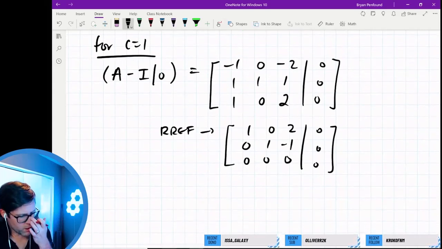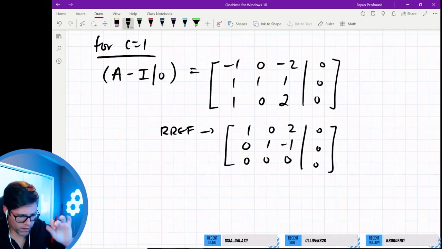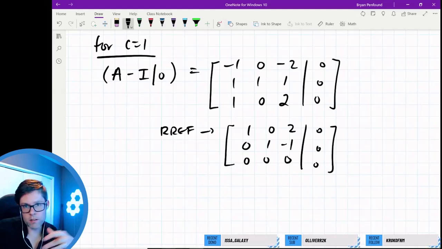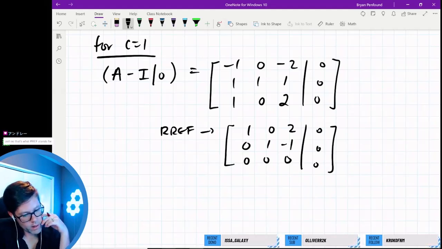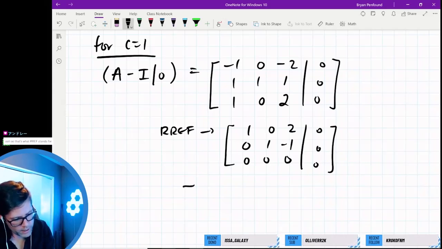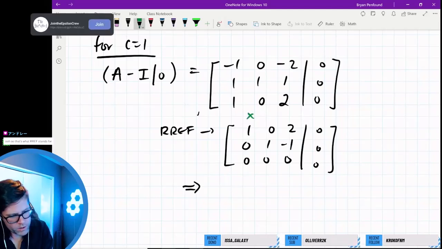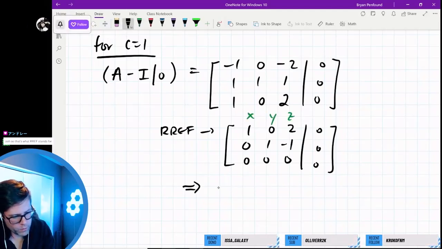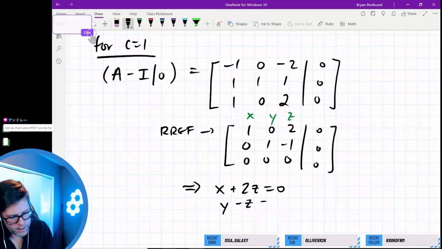And then we want to look at what this reduced row echelon form is giving to us. So in this particular case, what do we get? We can glean that if we label this as x, y, and z, our 3 variables, then we get that x plus 2z is 0, and we get that y minus z is 0.